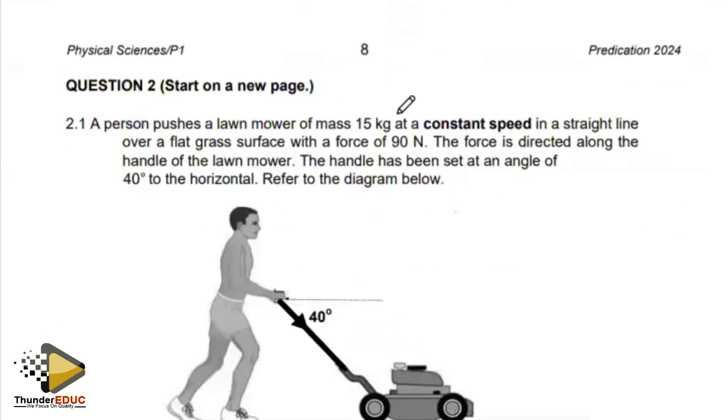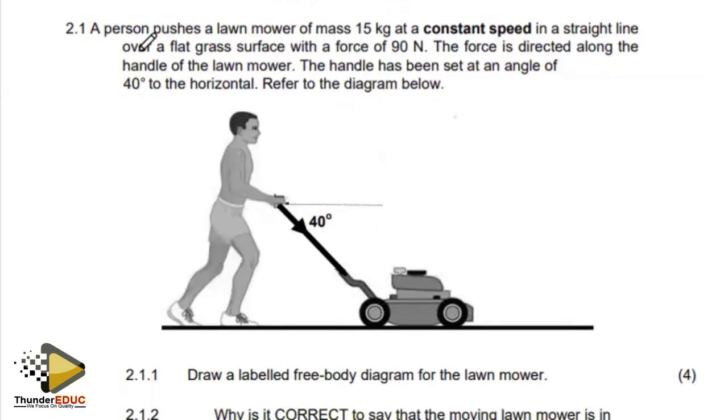Okay, this is mechanics now. A person pushes a lawnmower of mass 15 kilograms at a constant speed. Pay attention to this constant. The mass is 15 kilograms, on a flat surface, with a force of 90 newtons directed along the handle.